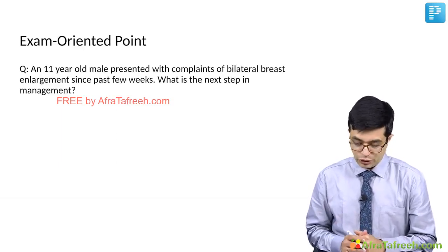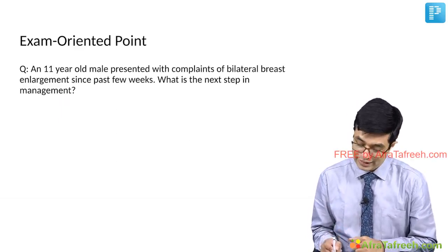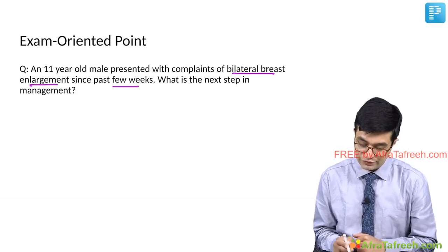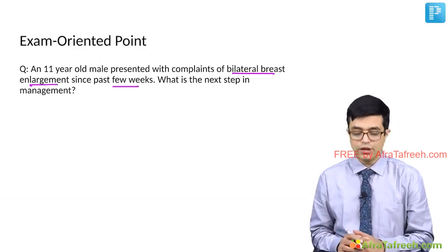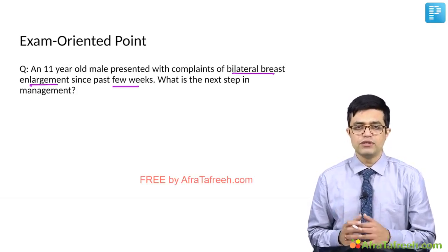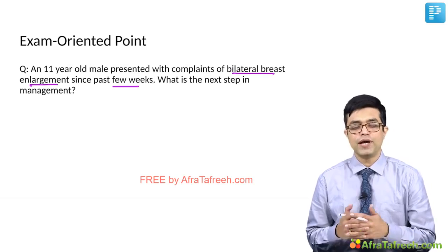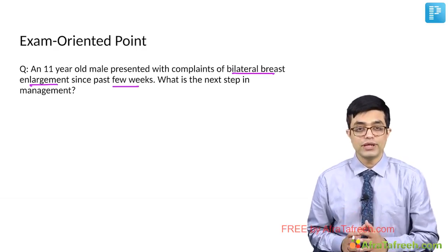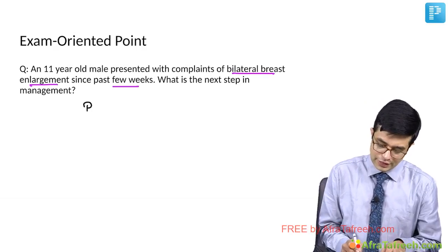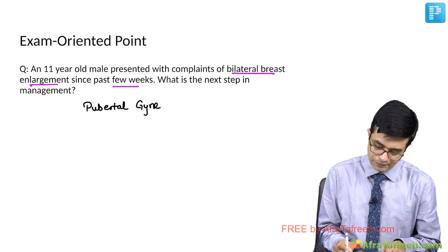Now exam oriented point. An 11-year-old boy presented with complaints of bilateral breast enlargement since past few weeks. What is the next step in management? Bilateral breast enlargement, which is usually non-tender but maybe slightly tender, is very common in pubertal boys. It is also called pubertal gynecomastia.